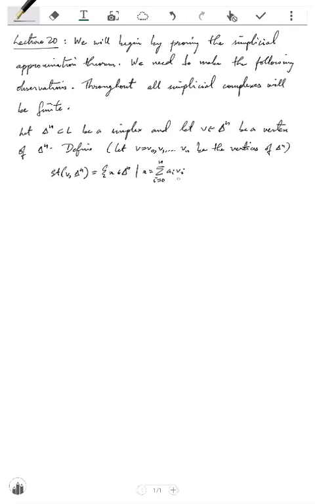Then any point x can be written uniquely as a non-negative linear combination of the v_i's, and we want a0 to be strictly greater than 0. And define the star of v to be the union over all simplexes which contain the vertex v, of star of v comma delta n.